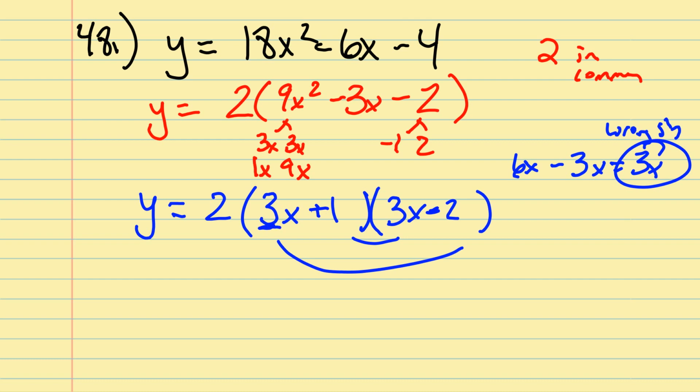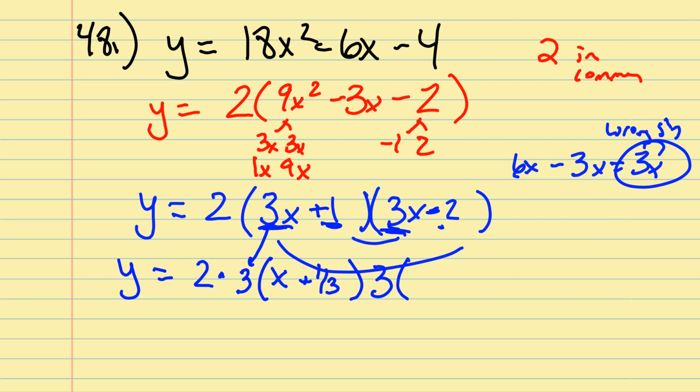Now I got to kick these 3's out. So I'm going to rewrite this. I'm going to kick the 3 out. 2 times this 3 is going to come outside, which means I have to divide this guy by 3 and this guy by 3. So I put x plus 1/3. Now this guy, 3, is going to come out, and I have to divide them both by 3. So I'm going to have x minus 2/3. Now I'm going to multiply all the numbers together.